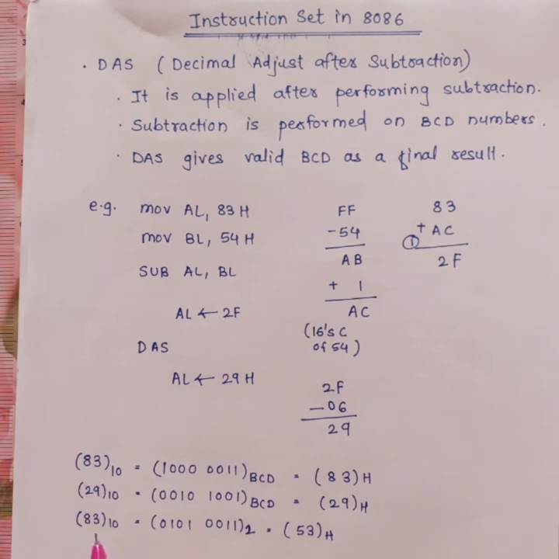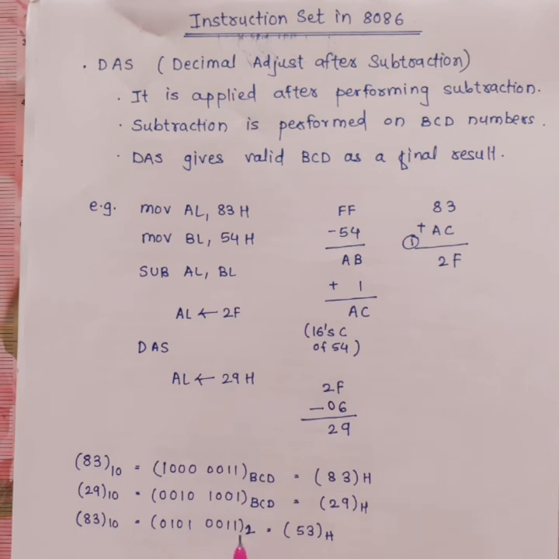Then coming to the binary representation of this 83, which is obtained by considering the weightages assigned to the positions in binary, which are in terms of powers of 2. So 83 gets represented as 01010011. Then we can get its hexadecimal representation by forming groups of 4 bits.